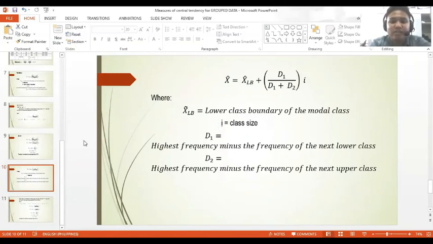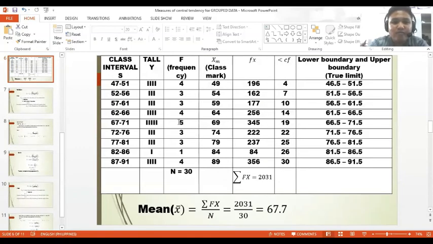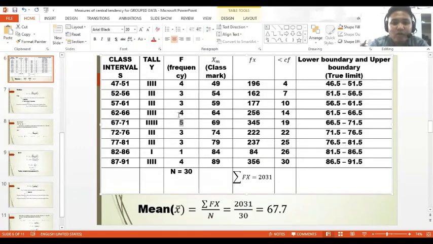Kasi dun yung 47 to 51, yun yung mas mababa na mga scores. So 5 minus 4 dito, kaya magiging ang D sub 1 natin is 1. So ang D sub 2 natin, makukuha yan siya dito sa 5 minus 3. So, that is 2. So, D sub 1 is 1. Ang D sub 2 natin is 2. Makukuha yan siya dito sa frequency natin.